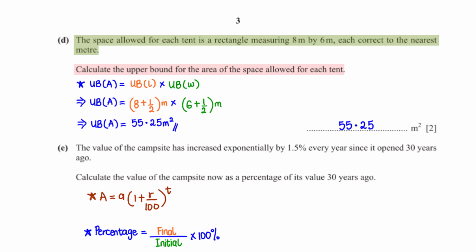To get the upper bound of the tent's length, we add 1 meter divided by 2 to 8 meters. And for the upper bound of the tent's width, we add 1 meter divided by 2 to 6 meters. This gives us the upper bound of the area as 55.25 meters squared.